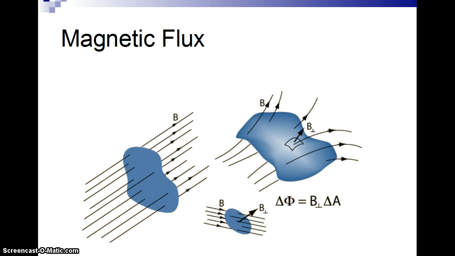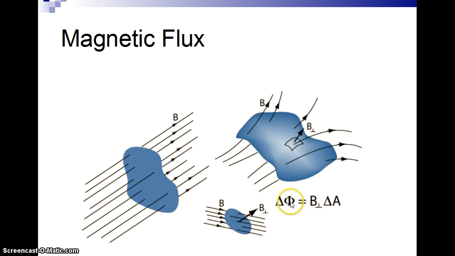All right, and then to explain that, he came up with the idea of magnetic flux. Anytime I mention this, people start thinking of flux capacitors, or at least those people who are the type of people who think of Back to the Future. But flux just means flow, and the symbol for that is the Greek letter phi. The amount of flux going through something is the magnetic field times the area, how much area perpendicular is going through.